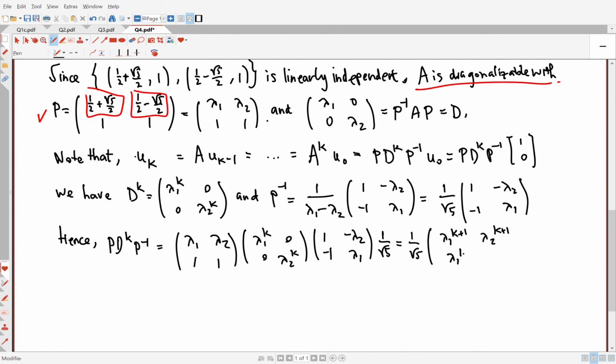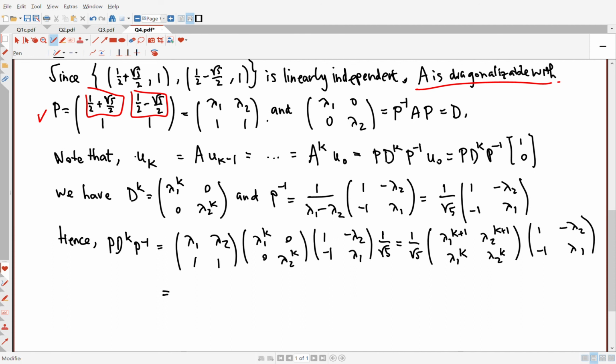This is lambda 1 to the power of k, and this is lambda 2 to the power of k. Okay, I need to multiply with (1, minus 1; minus lambda 2, lambda 1).